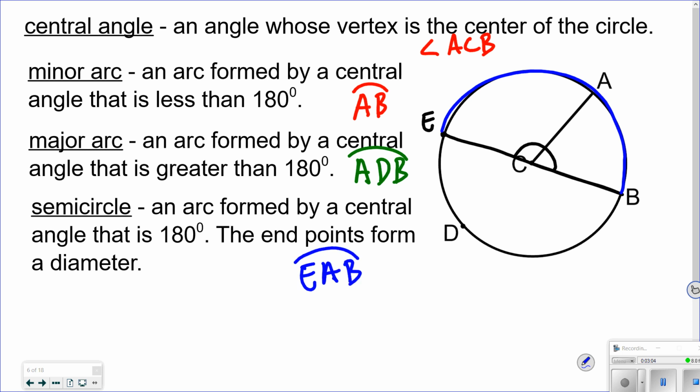And it doesn't matter if you say EAB or BEA. Oops, that one doesn't matter. That was wrong. Sorry. You could say EAB or BAE. Just make sure that your endpoints B and E have to be at the start and the end, and then you have this one letter in between. So that's what a minor arc, major arc, and semicircle are. That's how you name the arc, the notation. And just don't forget what a central angle is. It's going to be important for us. You'll see that right now in just a second.